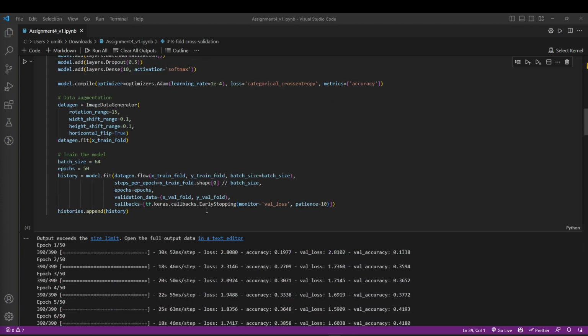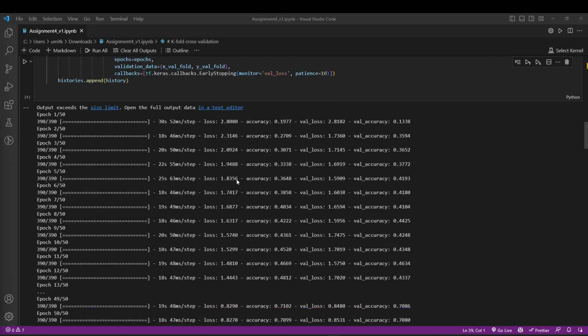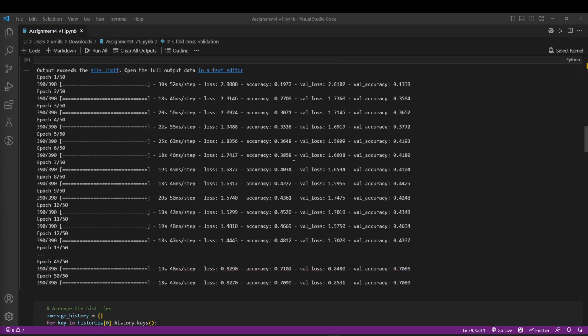And this is how the epochs look like. It starts with a very low accuracy and a high value of loss, and by each epoch it gets better, and by the end we get an accuracy around 0.7 and the loss is 0.8.